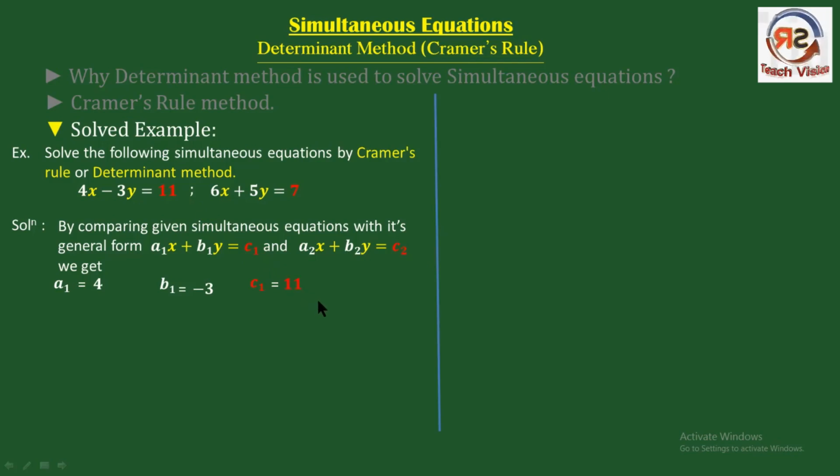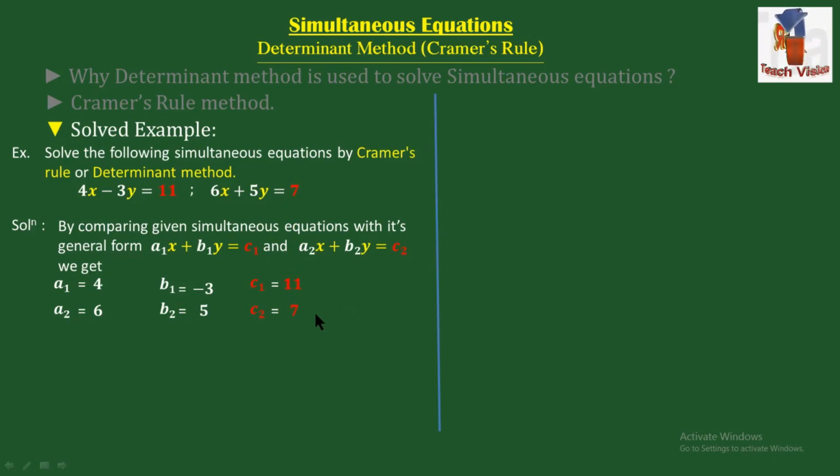And same for the second equation, a2 is equal to 6, b2 is equal to plus 5 and c2 is equal to plus 7.